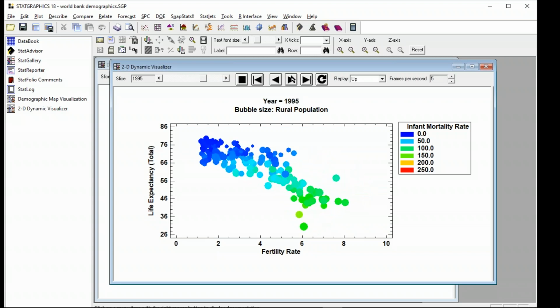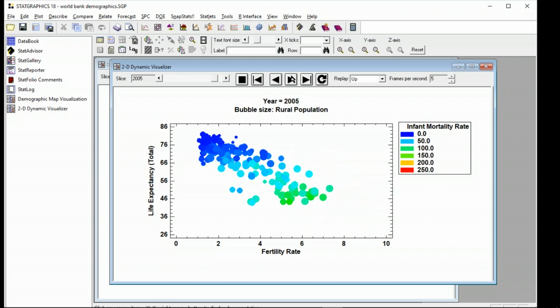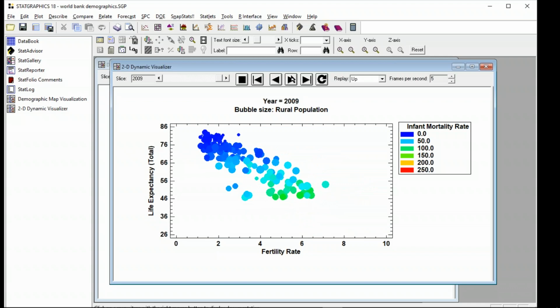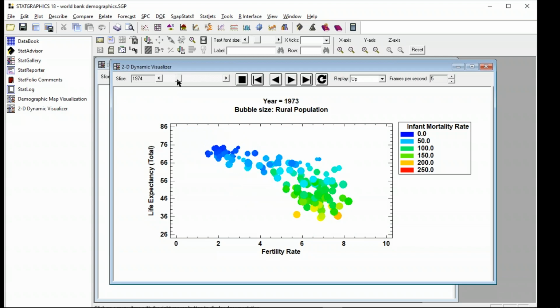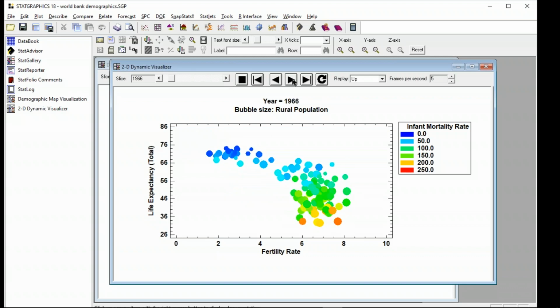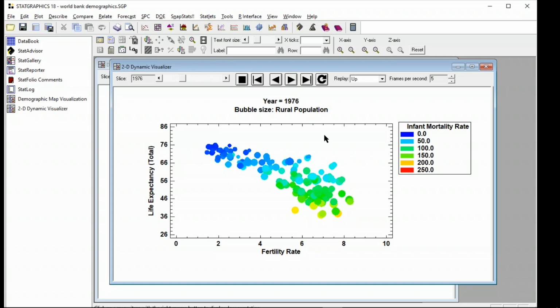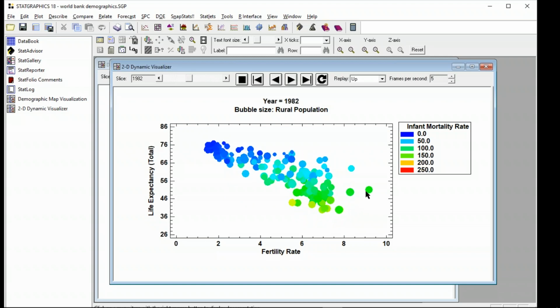It's interesting to watch. You can also see a few outliers. I happen to know that this particular country here is Yemen, while the rest of the world was moving toward fewer and fewer children. This is Yemen here.